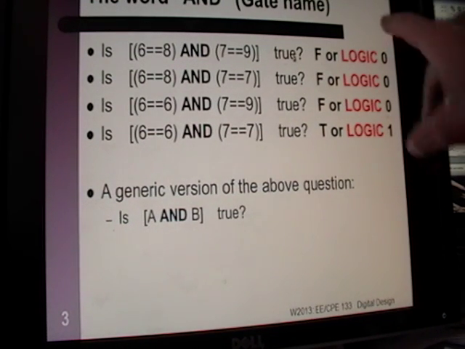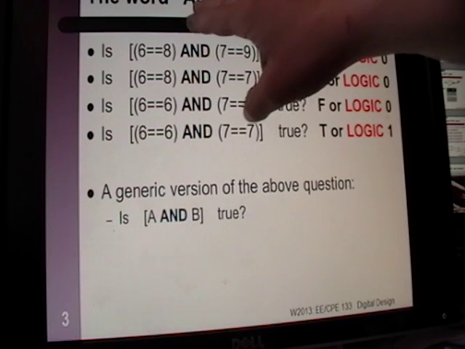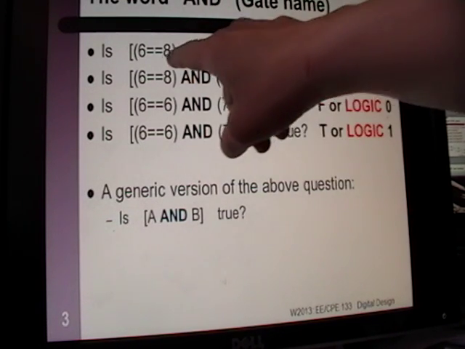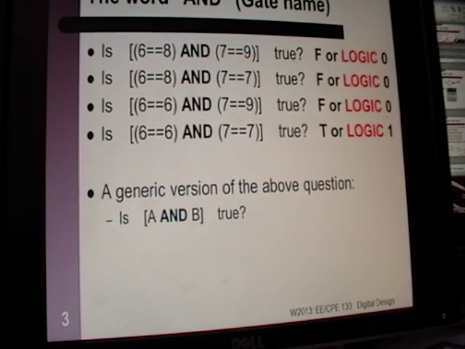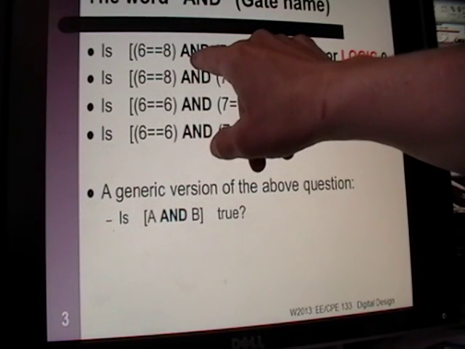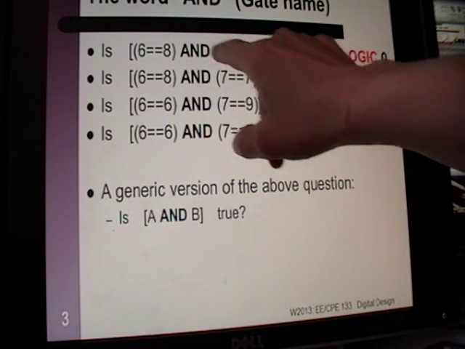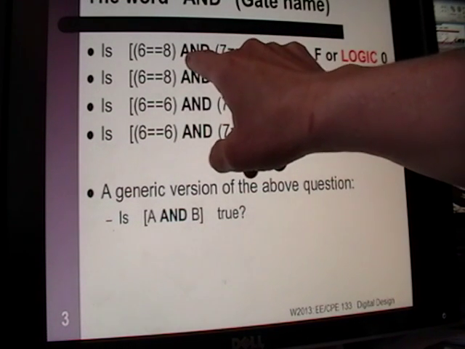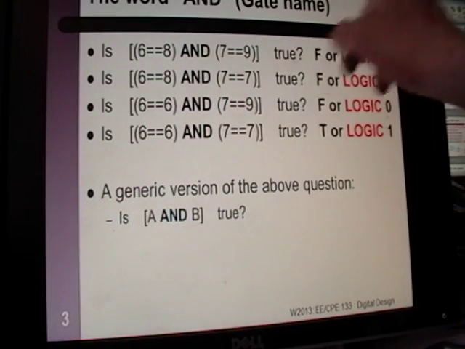Okay, but the point of this slide is that we have this gate named AND and what it says is, thinking electrically now, if you put the voltage that represents false into one input of this AND gate, and then on the other input, I'll tell you right now that this AND gate takes 2 inputs and gives 1 output.